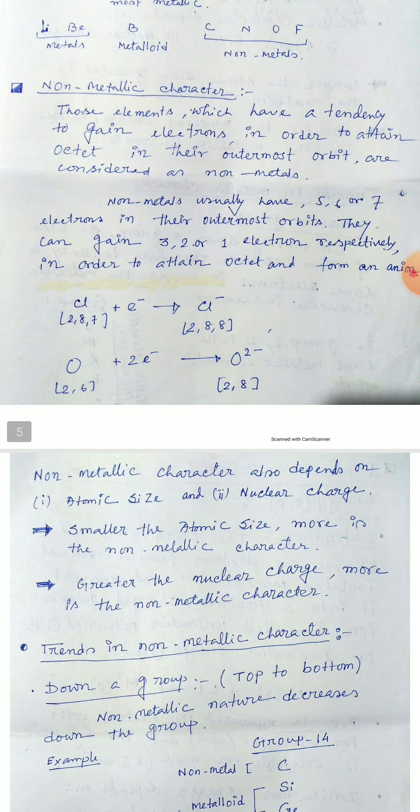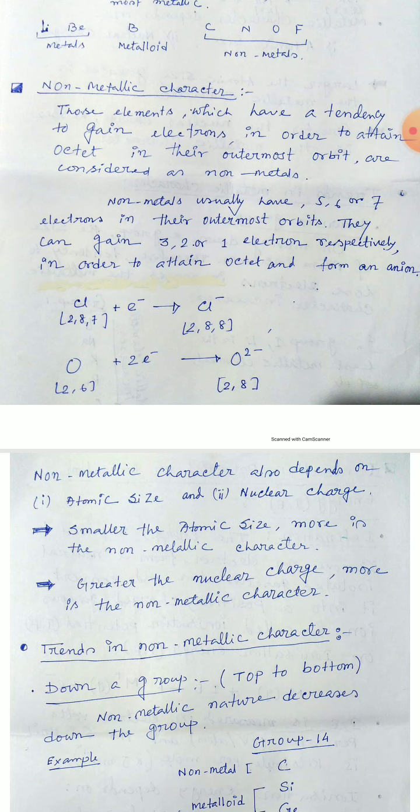Therefore, they can gain 3, 2, or 1 electron respectively in order to attain octet, and as they are accepting electron, therefore they form anion. So for example, chlorine has atomic number 17, then electronic configuration is 2, 8, 7.